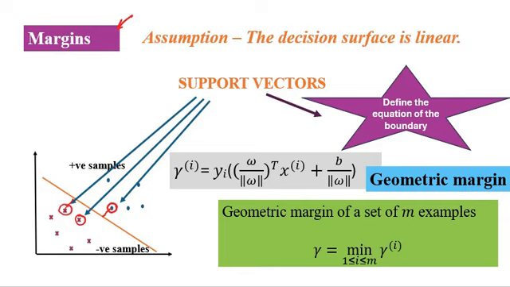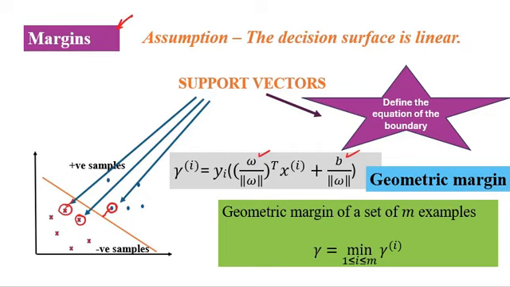We have also seen that the geometric margin for the decision surface defined by w, b is given by this equation. Gamma for the ith sample is found by y_i multiplied by w divided by the norm of w, in product with x_i, plus the intercept b divided by the norm of w.